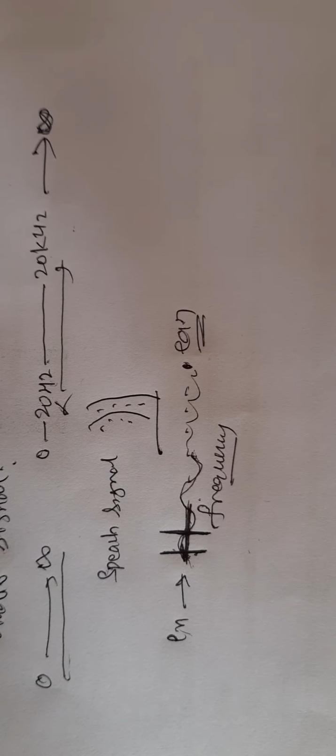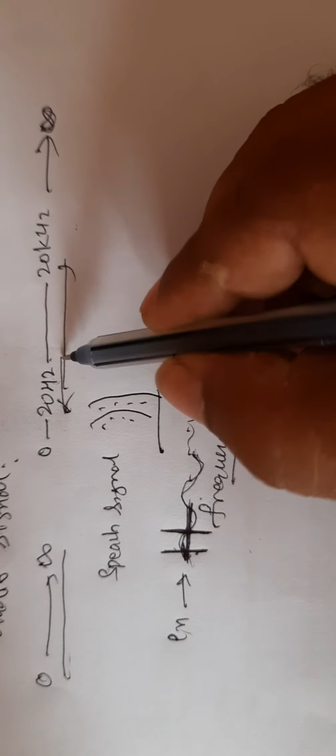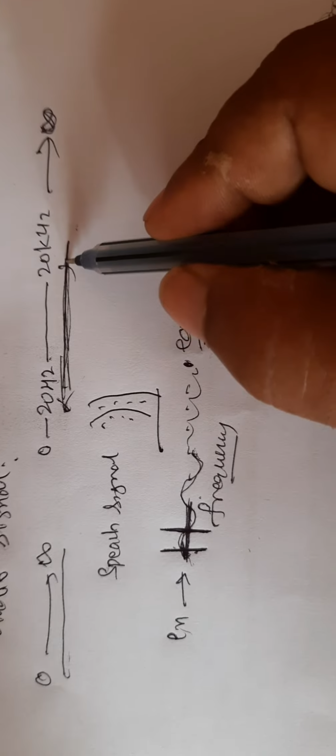That means the frequency ranging from 20 hertz to 20 kilohertz can be heard by the human ear. This signal is called audio signal. The signal which can be heard by the human ear is called audio frequency. It is ranging from 20 hertz to 20 kilohertz.